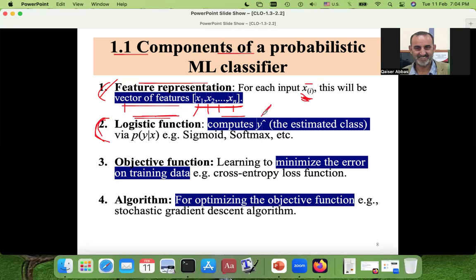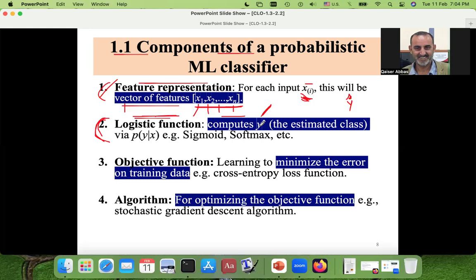We are representing the target class with Y cap. In the textbook the cap is written over the Y, but here in the PPT it is a little bit to the side.